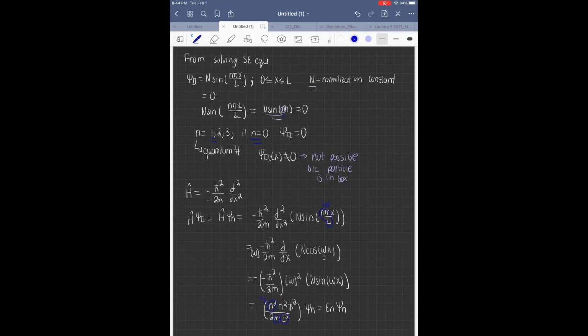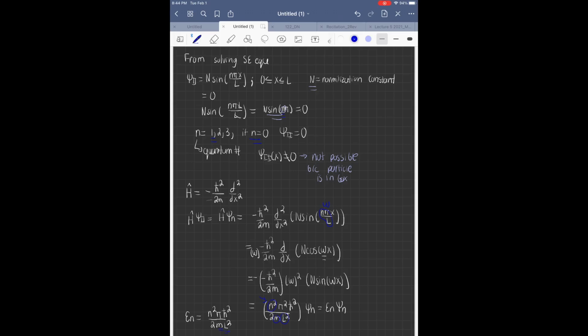So n determines the energy, and that's why we can write the energy equation E of n equal to n squared pi squared h bar squared over 2mL squared. If the system gets excited, it could go from level 1 to 2, or 2 to 1, with everything else, like length and mass, the same.